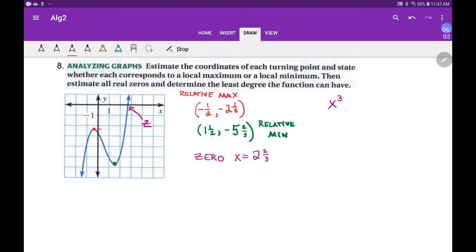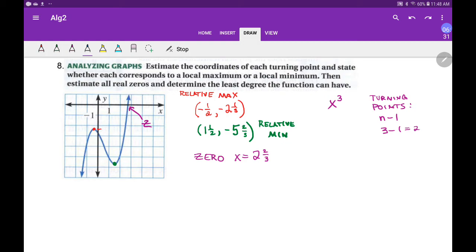Because if I have x to the 3, then the number of turning points is n minus 1, so that'd be 2, because 3 minus 1 is 2. So if it's 3, then I'd have 2 turning points.